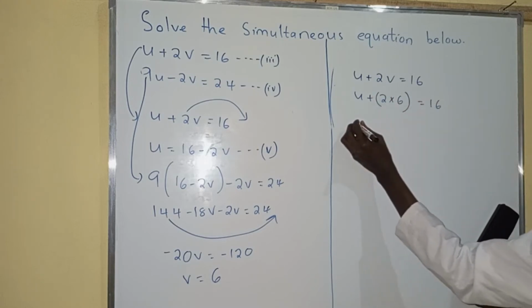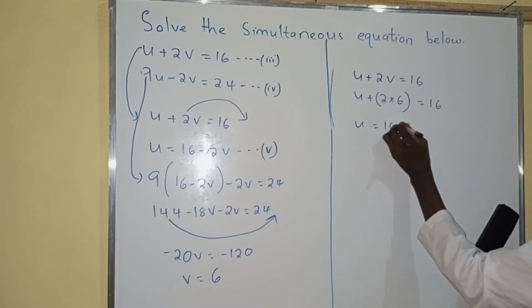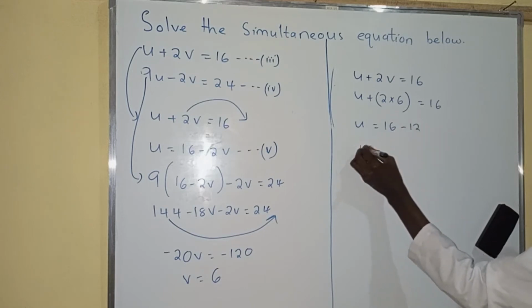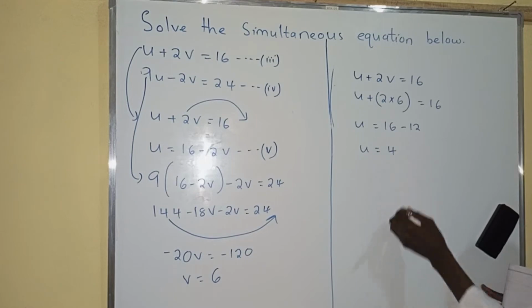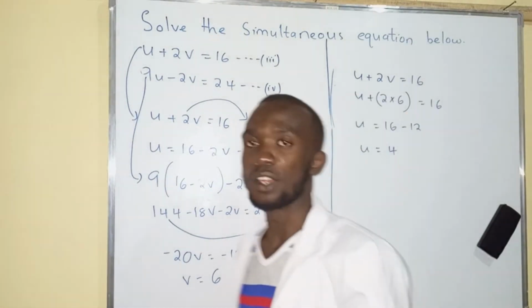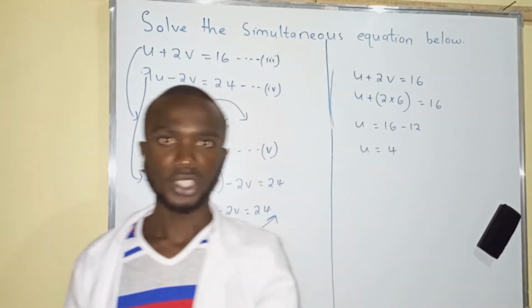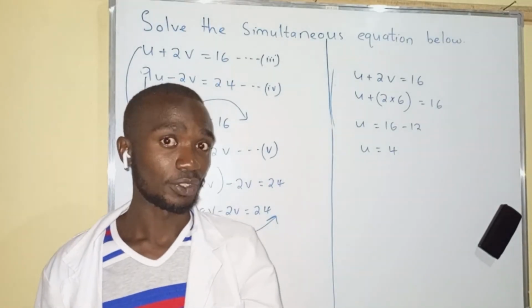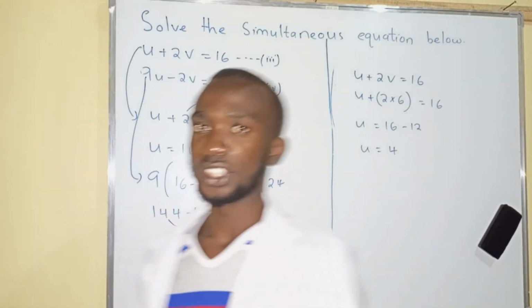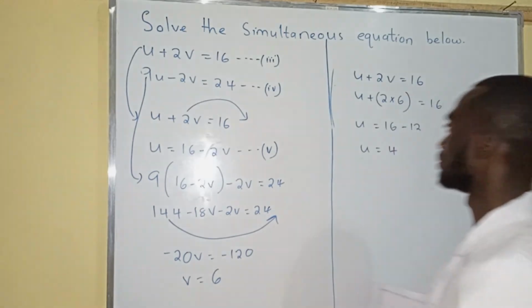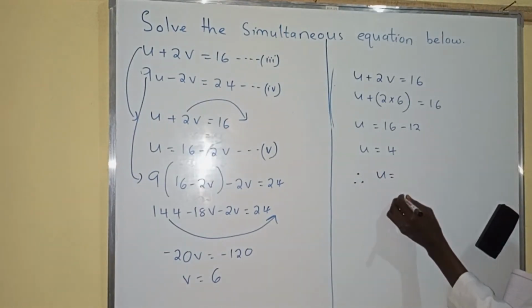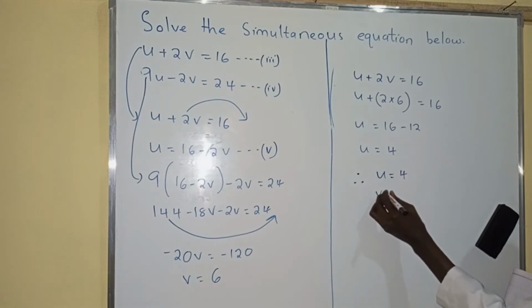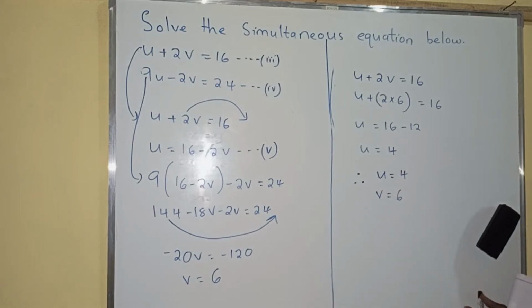So the value of u is equal to 16 minus 12. So u is equal to 4. So the same values of v and u we obtained using the elimination method are the same values that you have just obtained using the substitution method. Now therefore, u is equal to 4 and v is equal to 6.